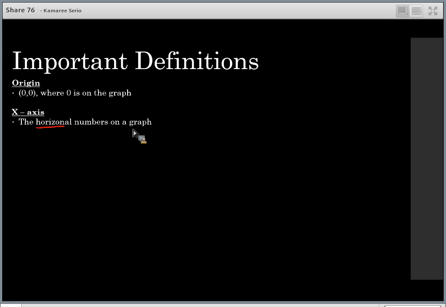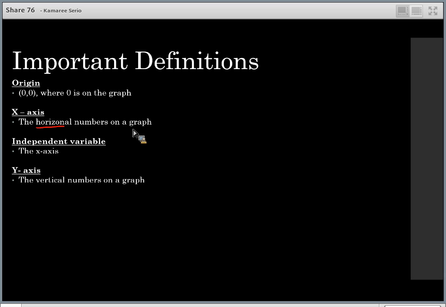Like a horizon when you see a sunset on the water, it's flat, it's going left and right. So x-axis is horizon. The independent variable is your x-axis. So if the bottom of your graph is labeled as time, right, your left and right is time, that means that your independent variable is time.